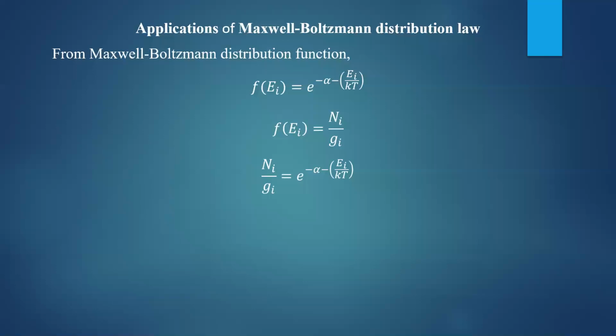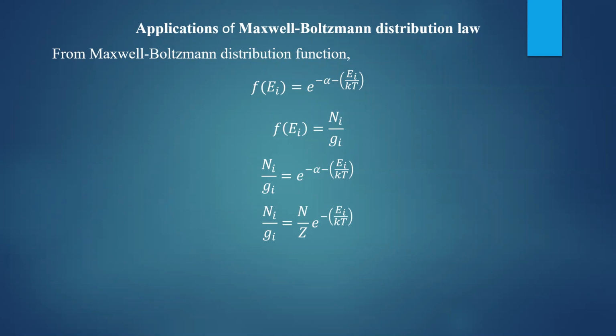Next, we can put e to the power minus alpha as N by Z, that is, the number of particles divided by a function called the partition function.